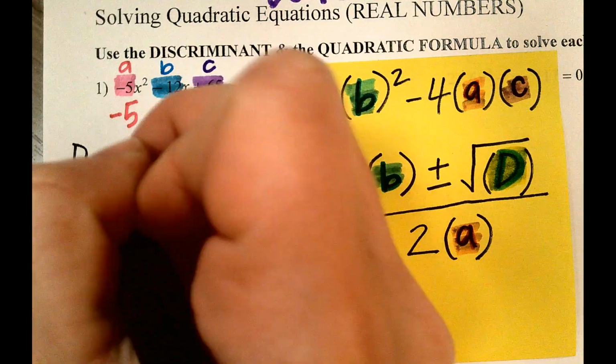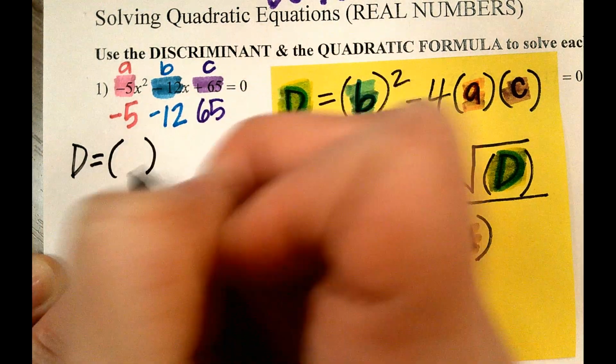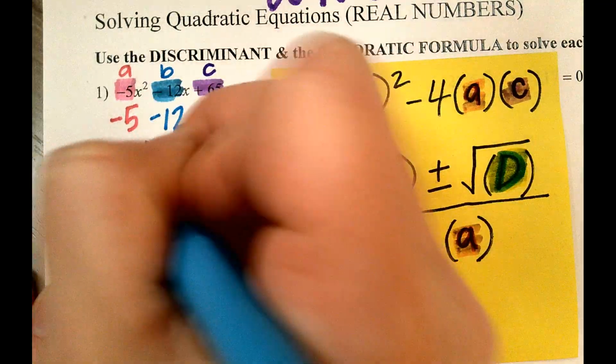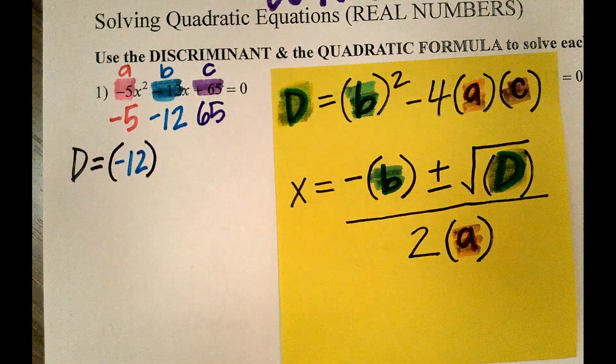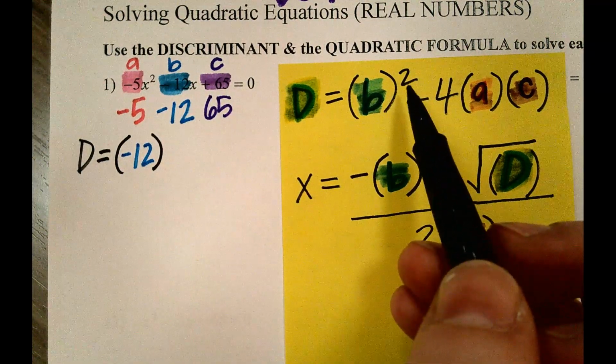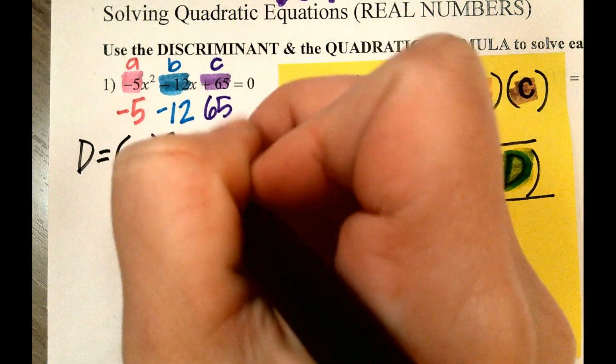So let's write D equals, yes, we're going to plug it in. So parentheses, what number goes first? Negative 12. Then we copy the rest of the formula. After negative 12, we have squared, minus 4.